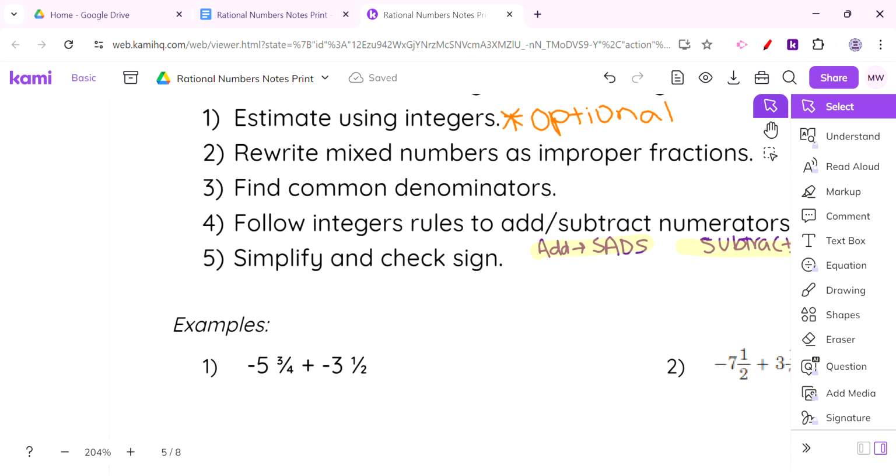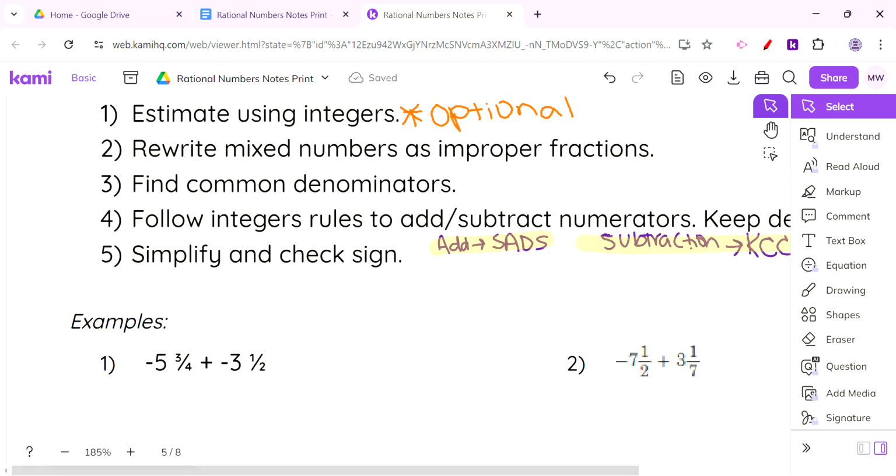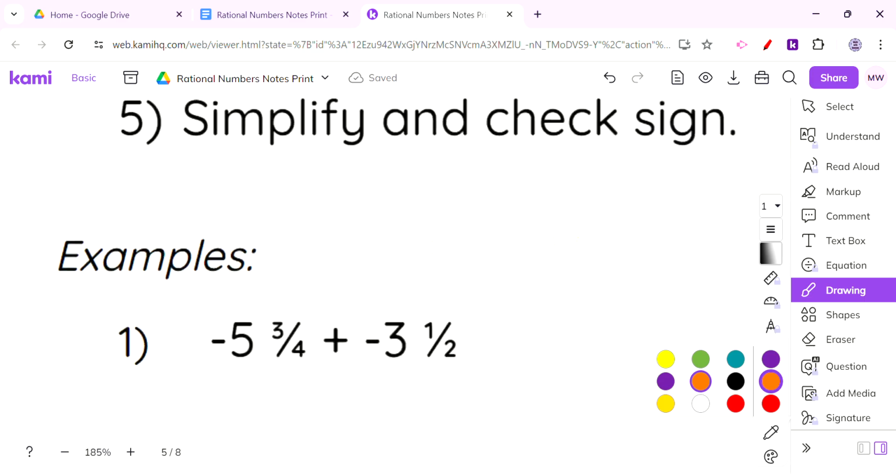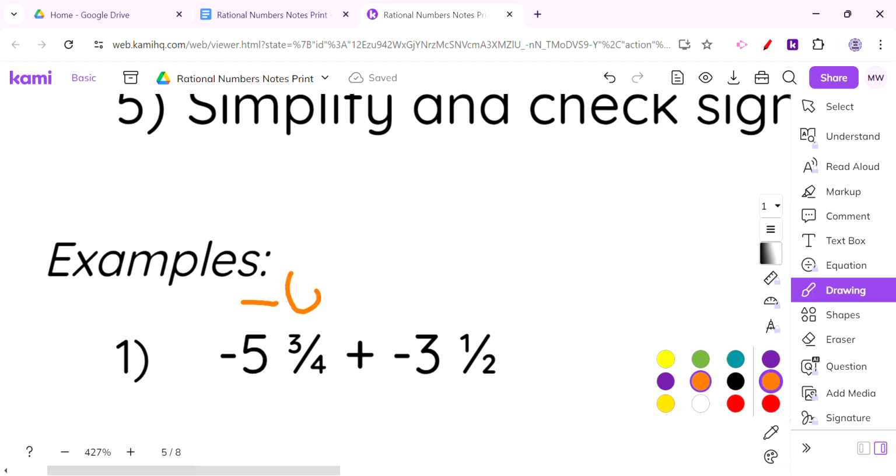All right, so step 1, we have -5 3/4 plus -3.5. Before I start with common denominators or anything like that, we're going to first estimate using our integers. So -5 3/4, if you round, this would be about -6, right? 3/4 is greater than 1/2, or 0.5.